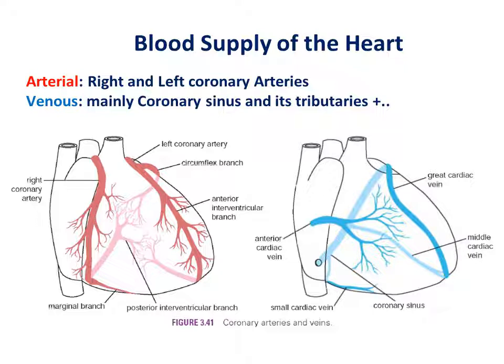We have two aortic sinuses, anterior and posterior. We shall come to that later on. On the venous side, on the right, we have the coronary sinus with its tributaries, draining ultimately to the right atrium.